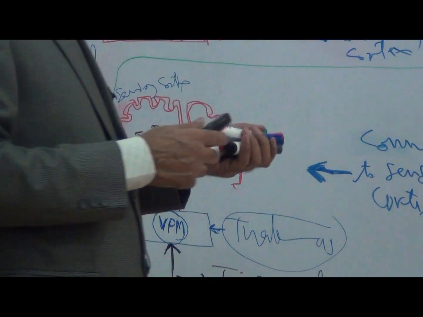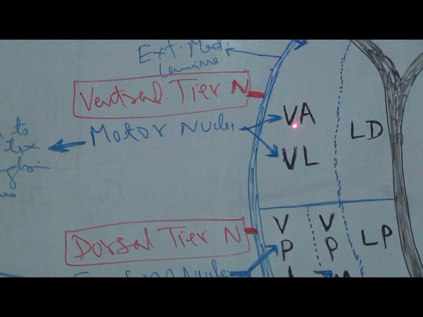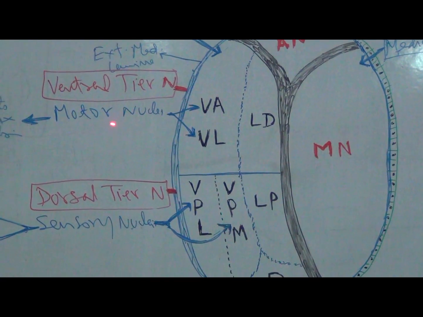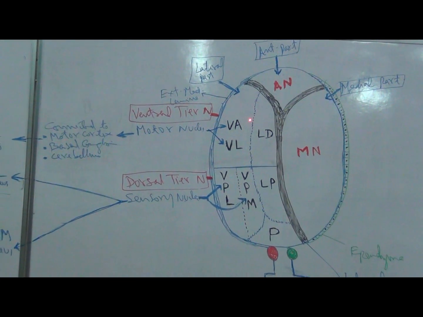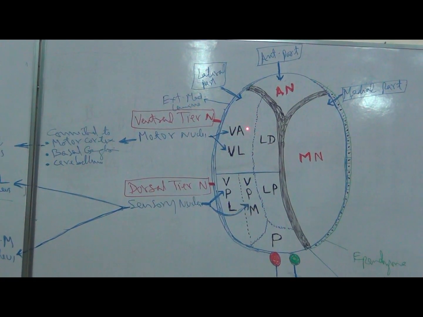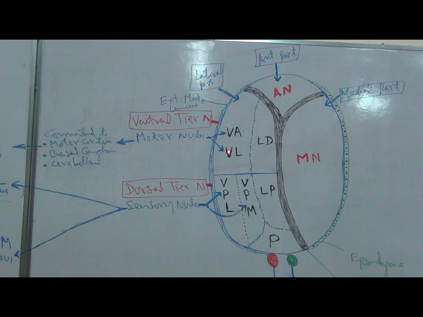So this was the detail about the motor nuclei, the ventral anterior nucleus and ventral lateral nucleus of the thalamus in the lateral part of the thalamus, and these are classified as ventral tier nuclei. We are concerned with the motor activity.